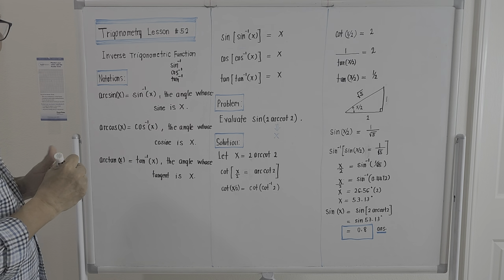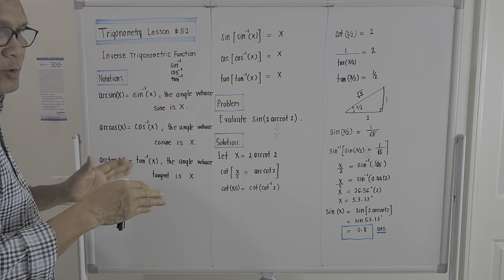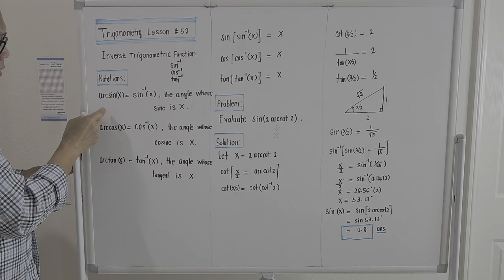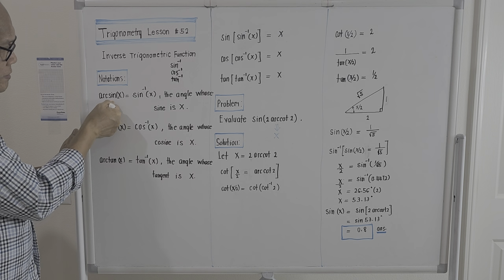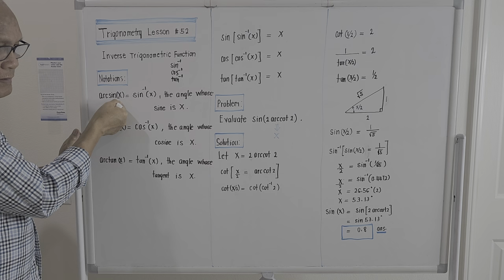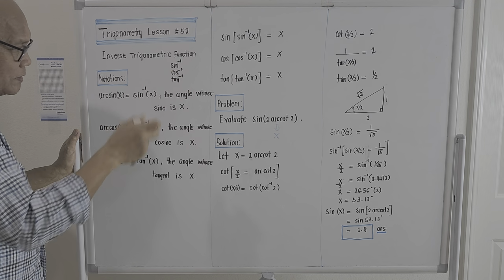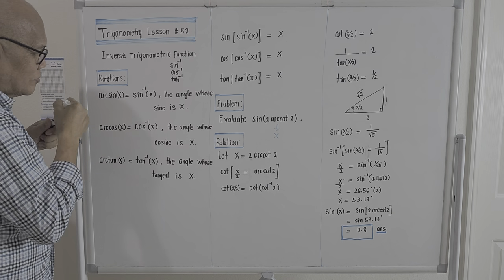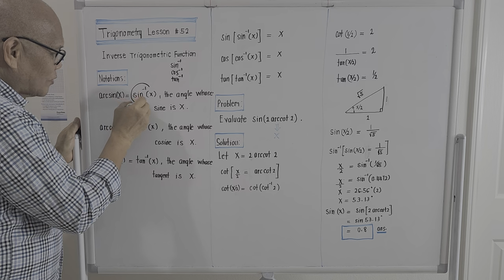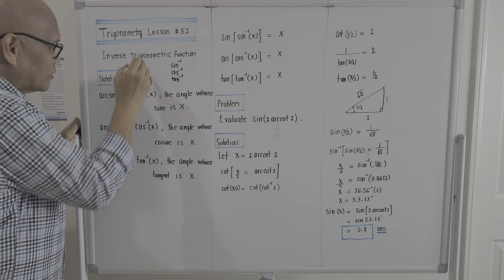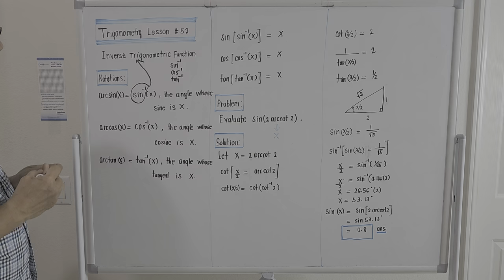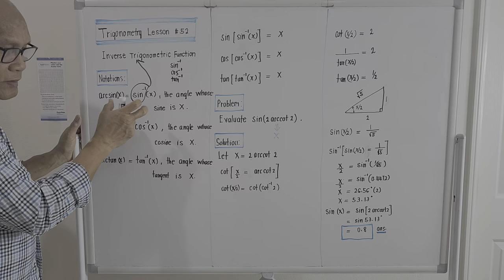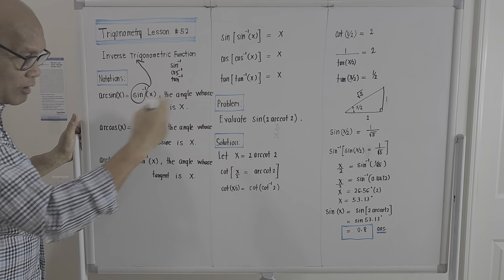If we now try to bring out the notation when we see inverse trigonometric function, it will be something like this. Notations. Arc sine of x can be written as sine to the -1 of x. Sine to the -1 of x is actually an inverse function. They are equivalent.